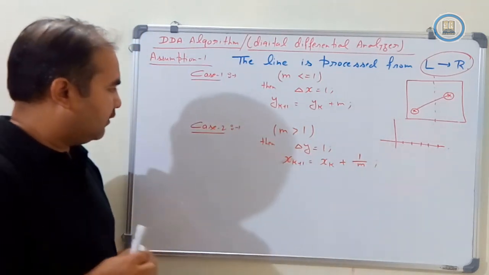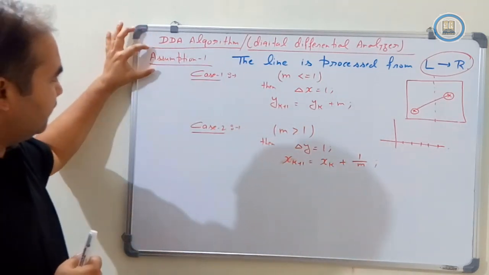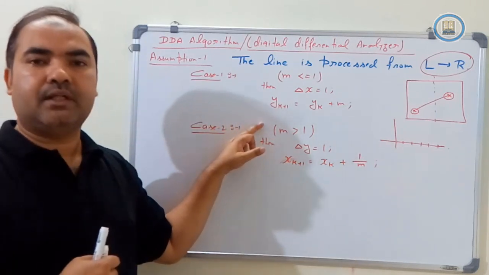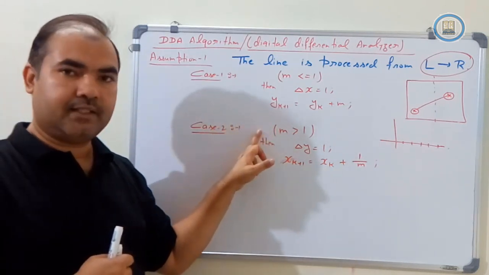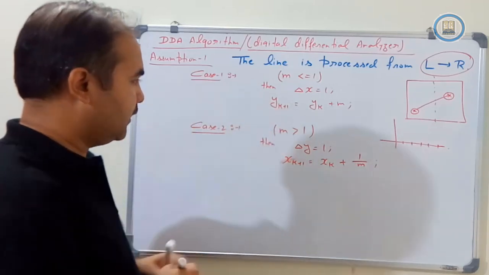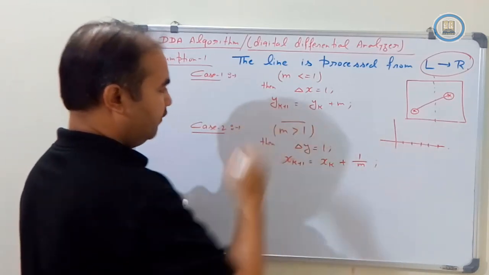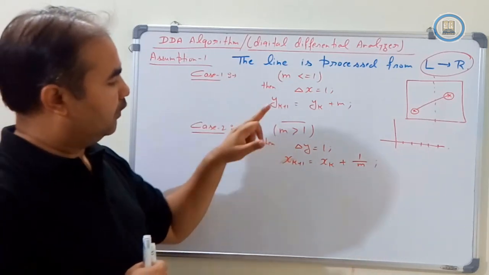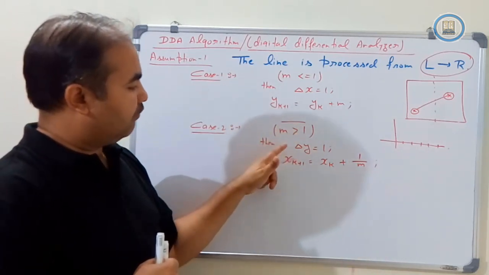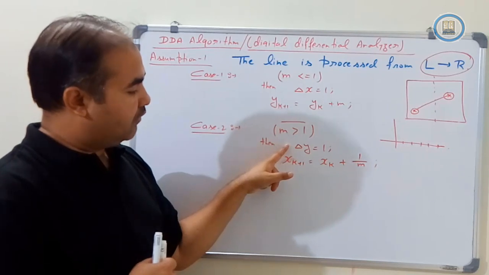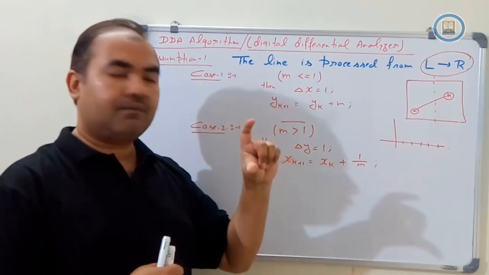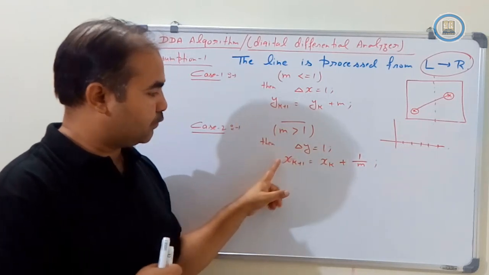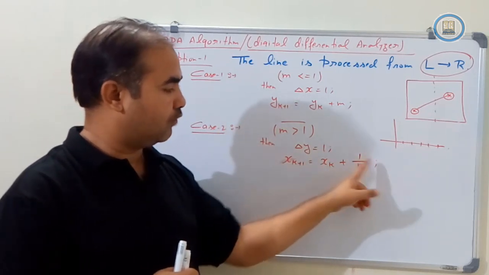The second case from assumption 1 is when the value of slope is strictly greater than 1. Remember that this is strictly greater than 1. In that case, when the slope value is greater than 1, we will follow the unit increment interval for the y direction, delta y equal to 1, and we compute xk plus 1 as xk plus 1 upon m.